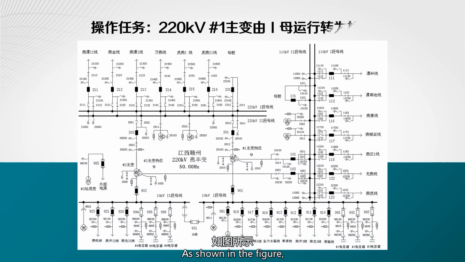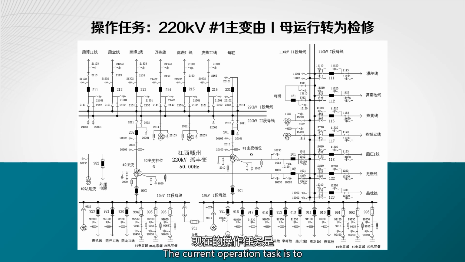As shown in the figure, the number 1 main transformer runs on the 220 kilovolts section 1 bus, and the number 2 main transformer runs on the 220 kilovolts section 2 bus.